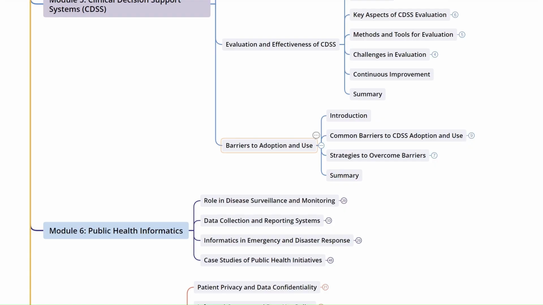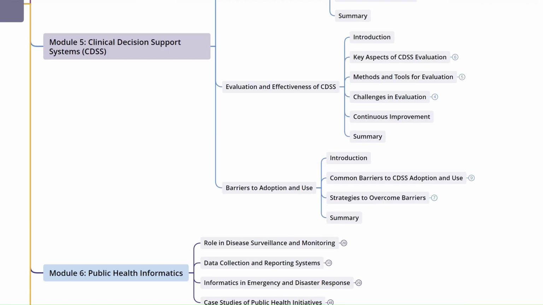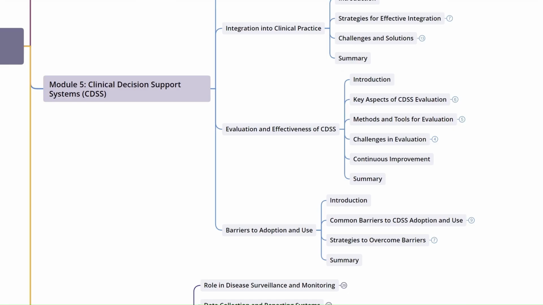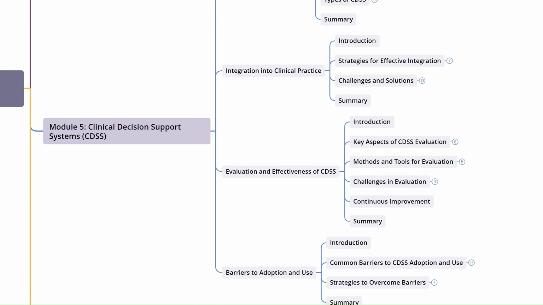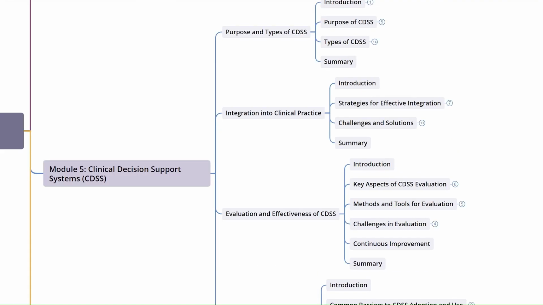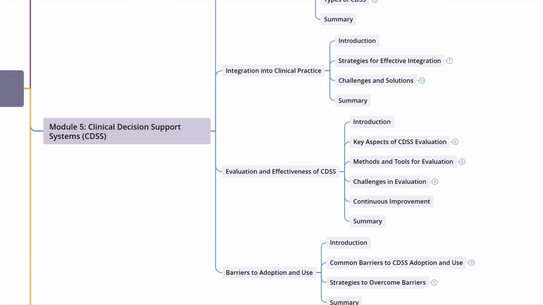In conclusion, clinical decision support systems exemplify how innovative health informatics solutions can vastly improve the safety, quality, and efficiency of healthcare. Their purpose is to enhance clinicians' decision making through timely, relevant information.